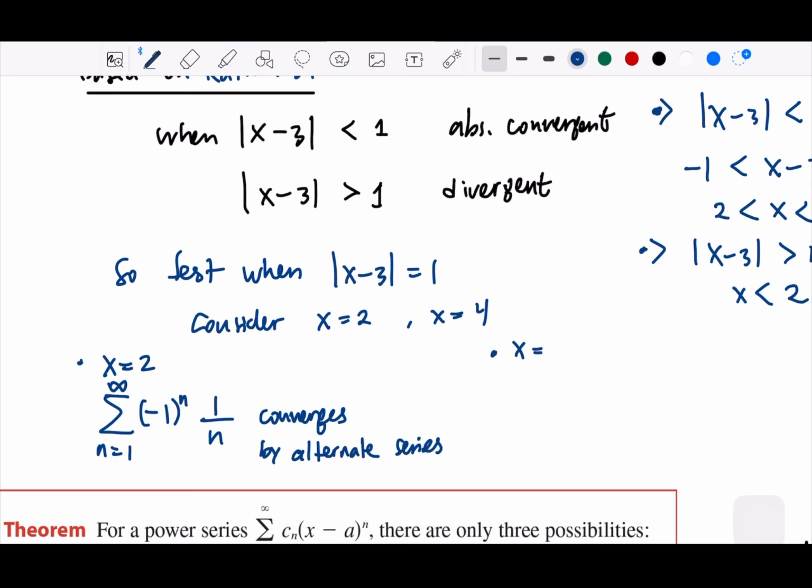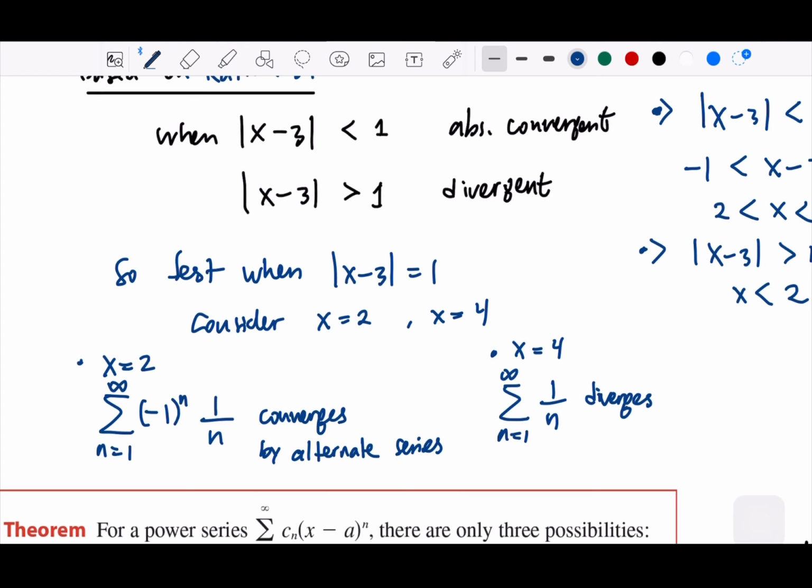And then when x equals 4, this series becomes 4 minus 3, which is 1. So 1 over n, just the normal harmonic series, which diverges.